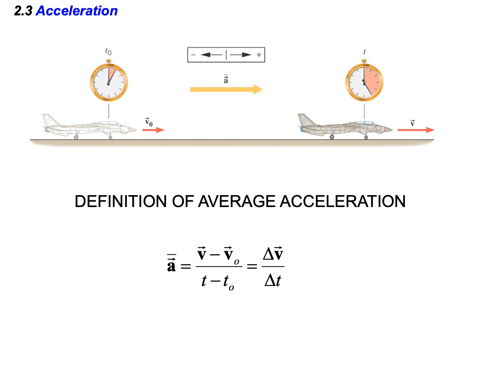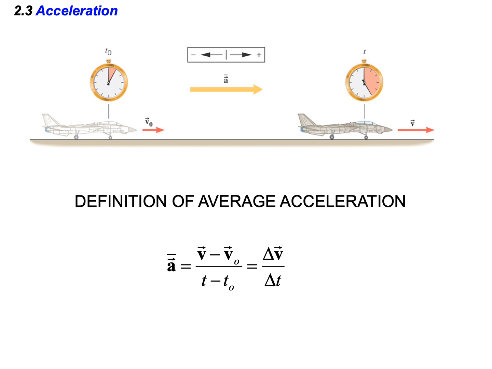We use letter a for acceleration, v for velocity, x for position or displacement, and for average acceleration, a bar is equal to final velocity minus initial velocity, divided by final time minus initial time, which is equal to delta v, change of velocity, divided by delta t, change of time.